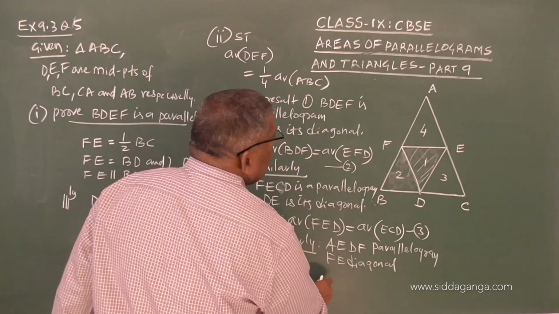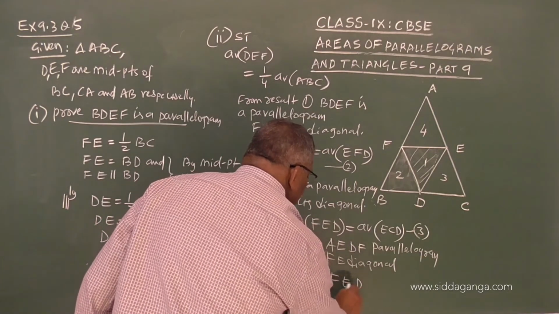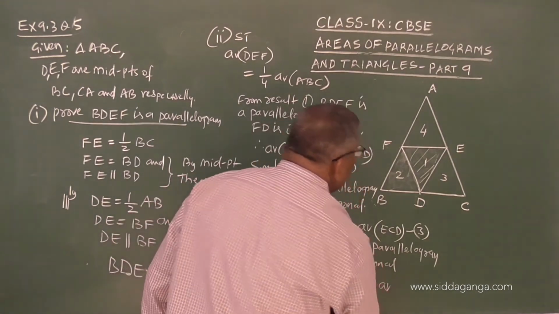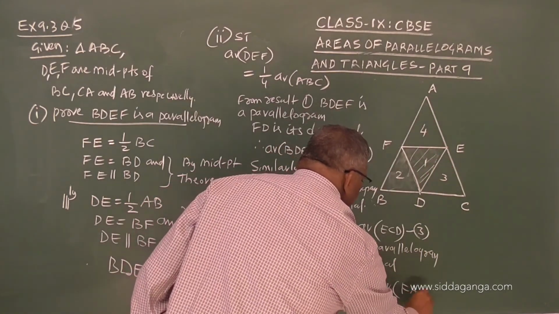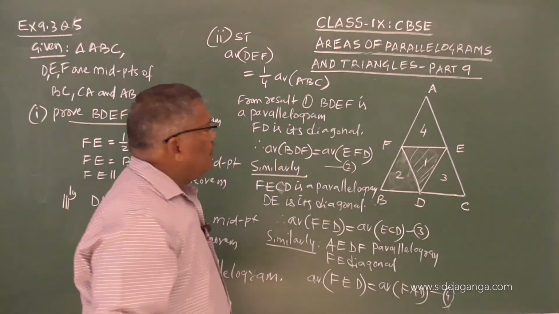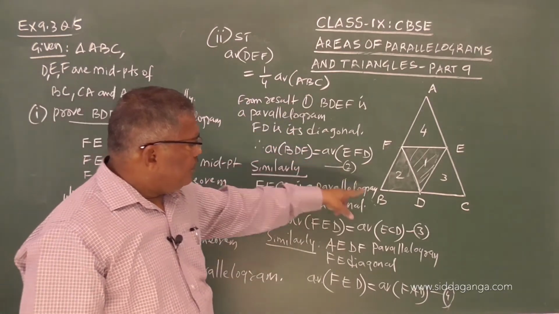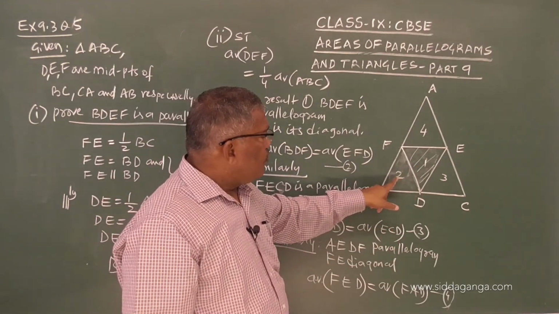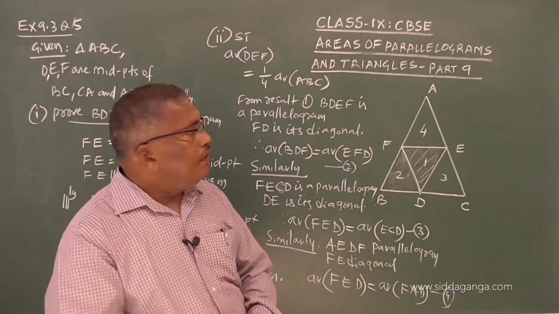So area of FED is equal to area of FAE. You can call this 4. So from these, 2, 3 and 4, 1 is equal to 2, 3 equals 1, 4 equals 1. That means all 4 are equal.